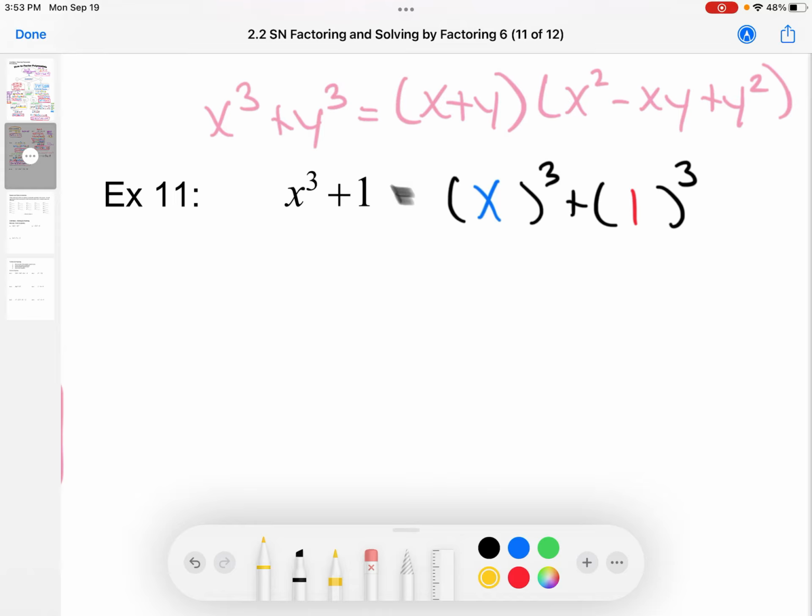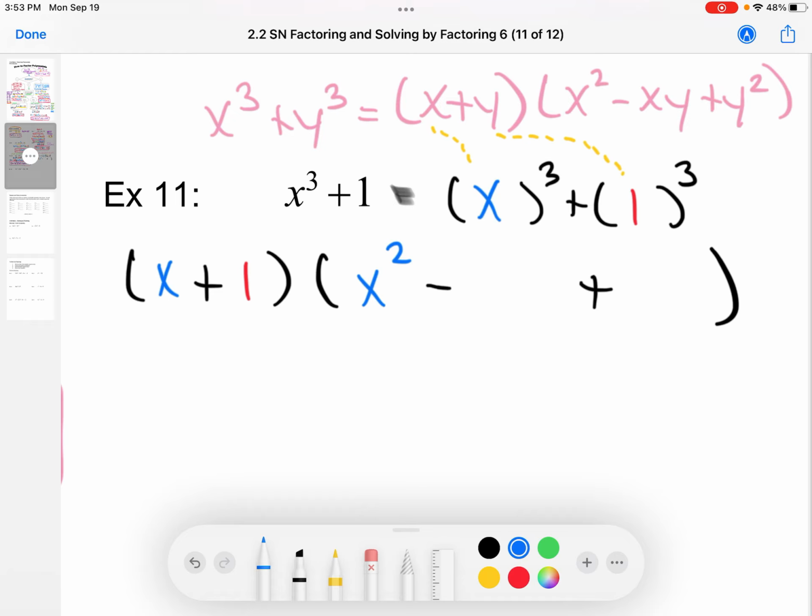So our x is the x, our y is the 1. So this first parentheses is a plus. It's going to have the x first plus 1 as the second term. Then the second parentheses will have a minus and then a plus.